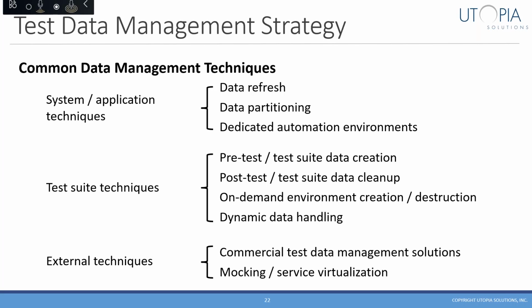Finally, we can build some capabilities into our frameworks that handle data, and this is especially effective for data that changes over time or follows some rules that make it impossible to use the same data for each execution. For example, if we know what data is changing over time, rather than embed the actual values into our tests, we'll use static placeholders.